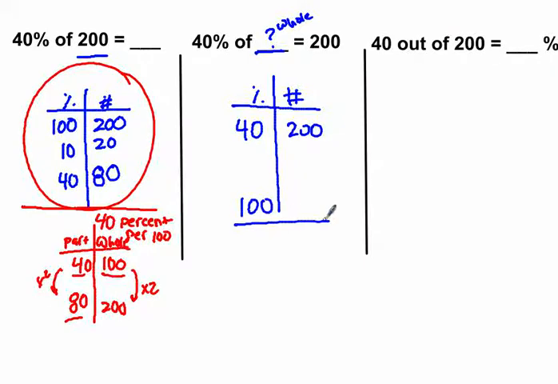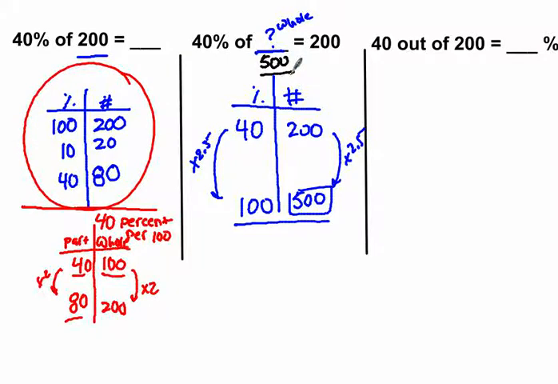What is the whole, or 100%? So to go from 40 to 100, we are multiplying by 2.5. And whatever we do to one side, we must do to the rest. So we're going to multiply by 2.5 here. And that is going to be 500. So we could say 40% of 500 is equal to 200.